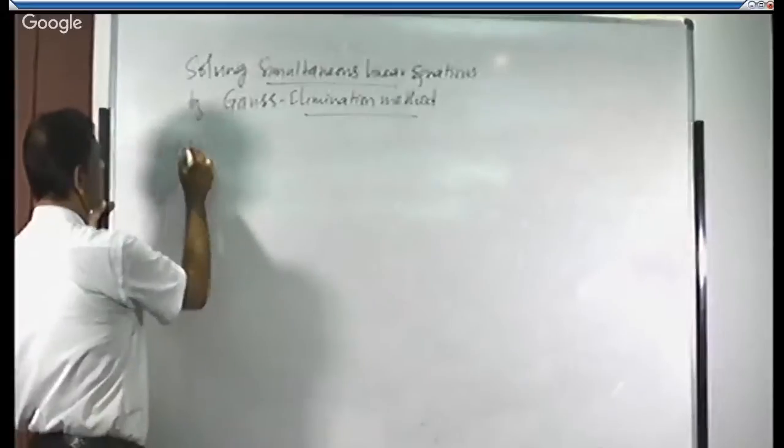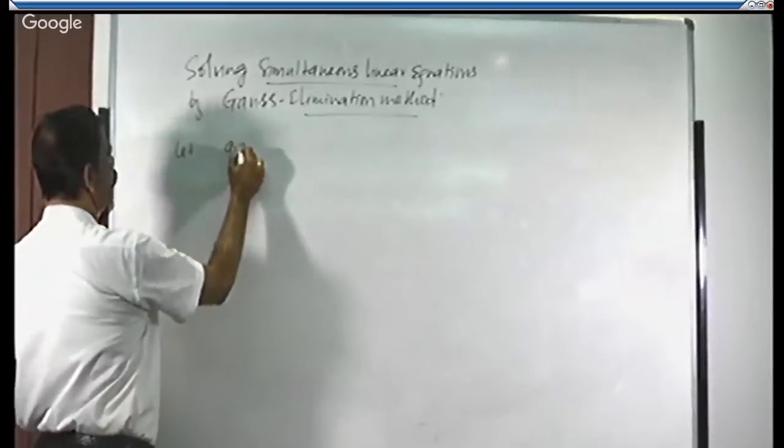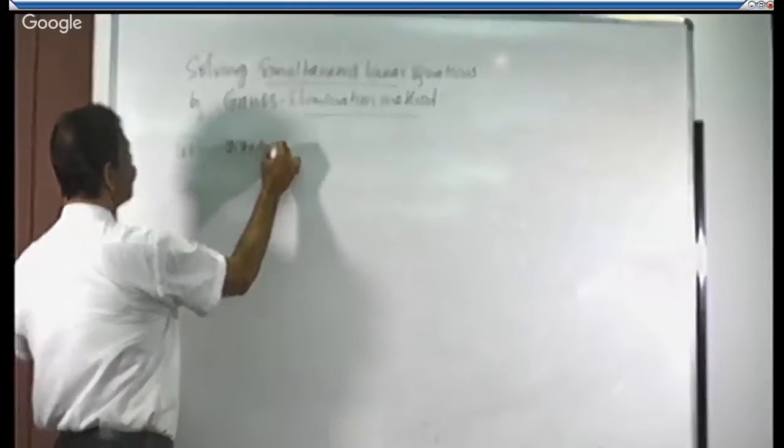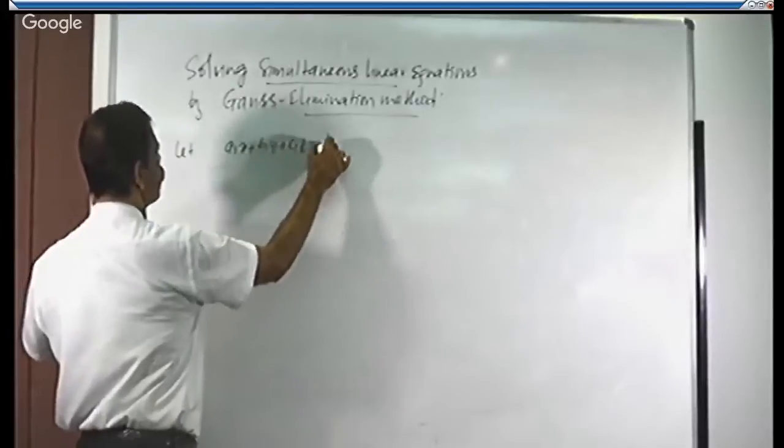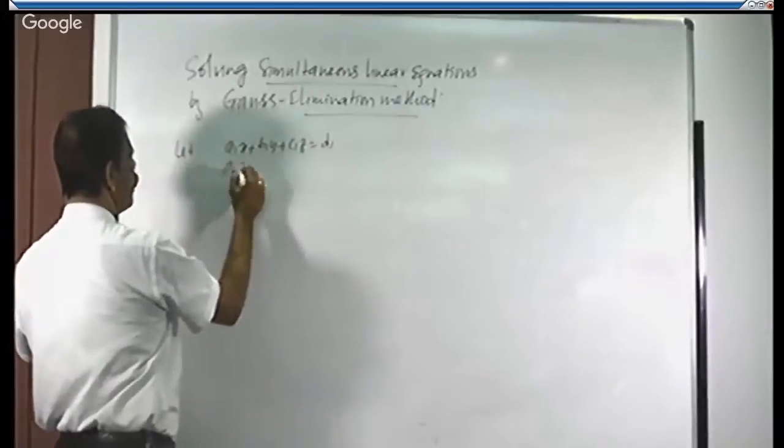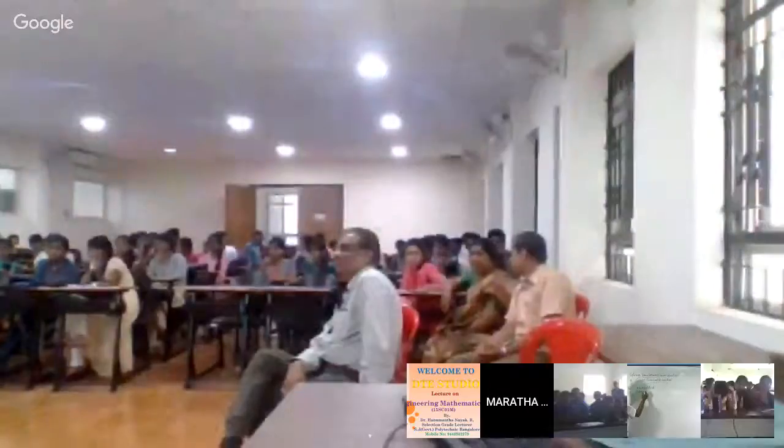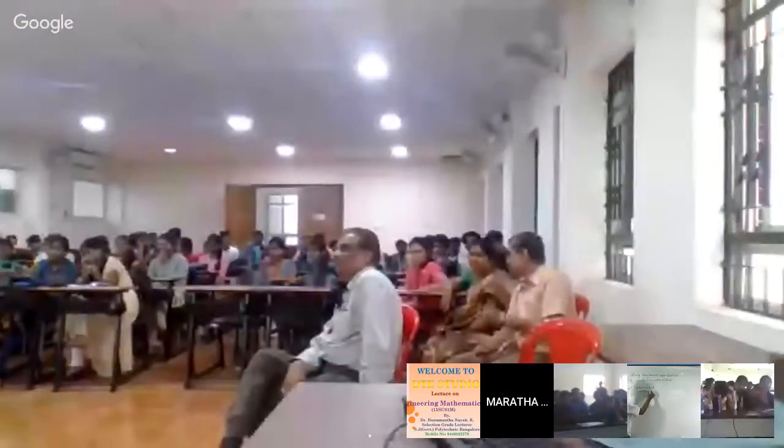Let us take equations a1x plus b1y plus c1z is equal to d1, a2x plus b2y plus c2z is equal to d2, a3x plus b3y plus c3z is equal to d3.